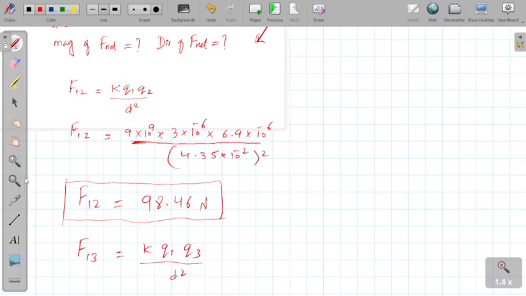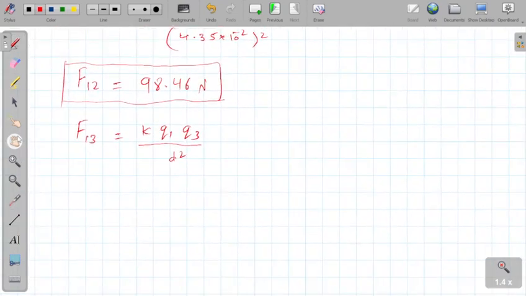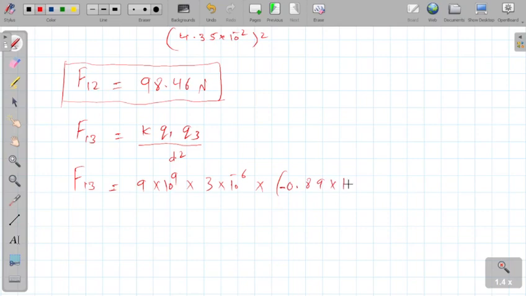Similarly, using Coulomb's law we find F13, which will be k Q1 Q3 divided by d squared. Putting in the values: 9 times 10 to the power 9, multiplied by Q1, 3 times 10 to the power minus 6, into Q3, which is negative, 0.89 times 10 to the power minus 6, divided by the same distance, 4.35 times 10 to the power minus 2 whole squared.